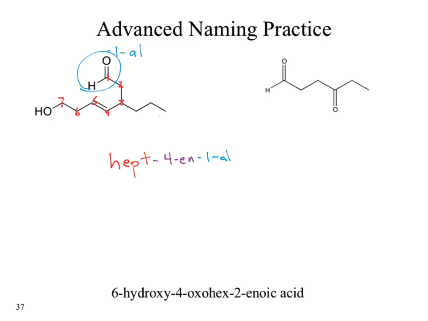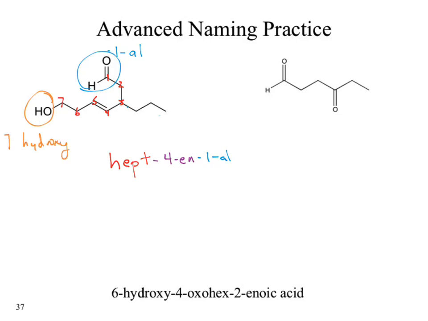Have I named all of my pieces? No. What am I missing? Okay. I'm missing the alcohol. Okay. I would typically call it an all as a suffix. I can't do that because the aldehyde has already taken that spot. So how do I name the alcohol? It's a hydroxy.